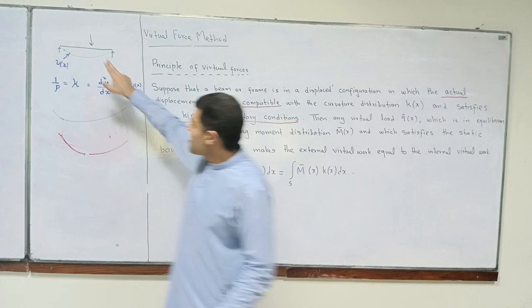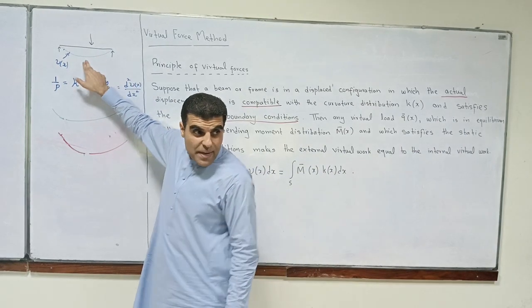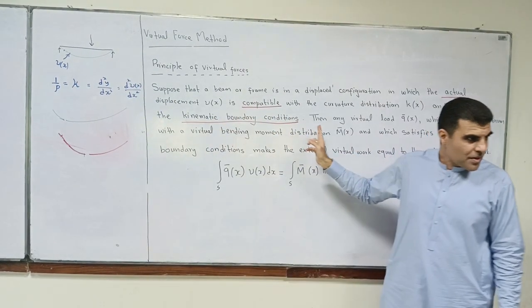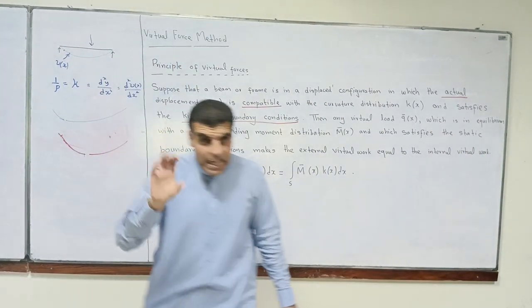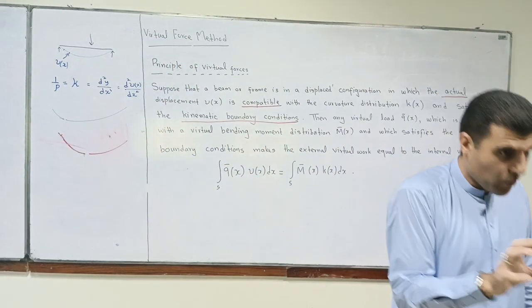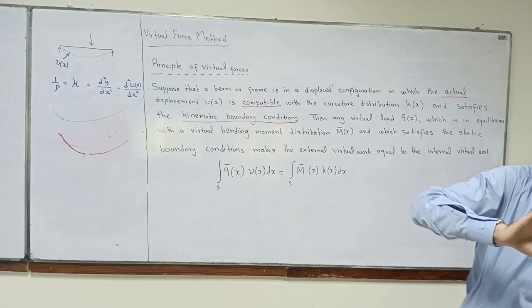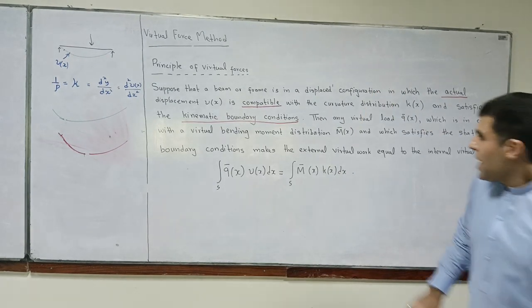So does this curve meet this criteria? Yes. So this curve meets this criteria. Now we can apply the virtual work method on this, okay? Yeah. Now this is for the actual system.